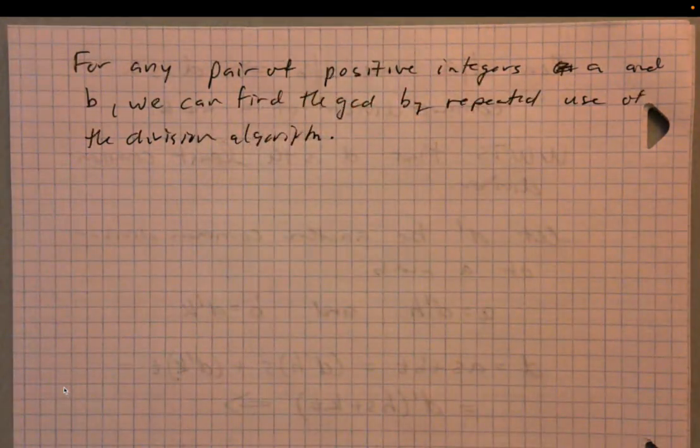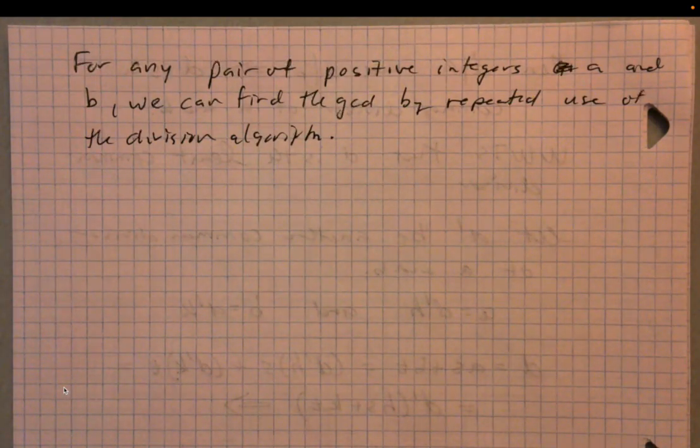As we repeatedly apply the division algorithm, we do it in such a way that we step the remainder down. The remainder is going to get smaller and smaller until eventually the remainder will be 0. And as part of this process, we'll be stepping down the divisor. When we get to the end, the final divisor will actually be the GCD.